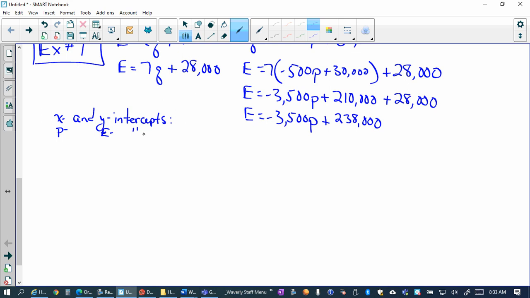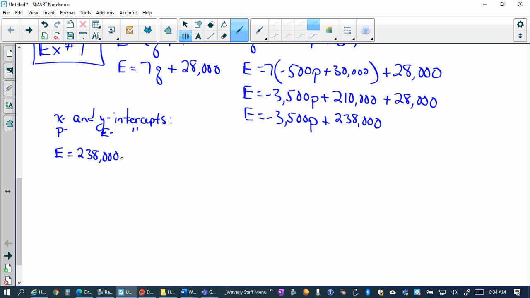So let's find that one. So E intercept will equal, what's negative 3,500 times 0? Plus 238,000. There's one of our intercepts, right? That'll be on the y-axis.